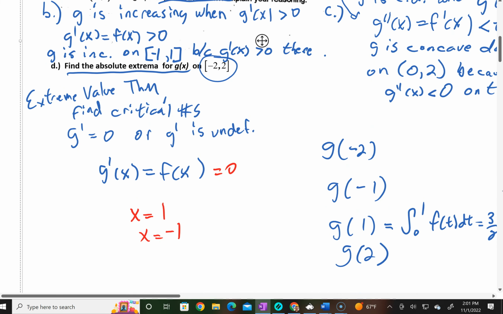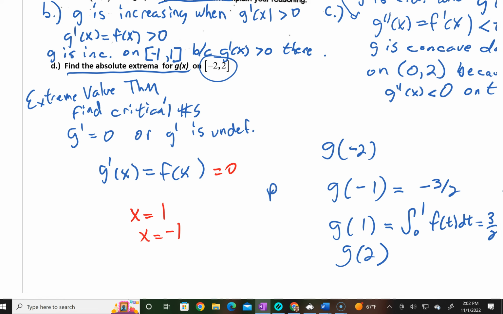We worked that out. G of -1, kids will say, you already did that in part A. You did that in part A. Yep, don't do it again. Don't do that again. You already have it. And you'd say, well, guess what? Now I just have to check my endpoints. So look at the bottom here, G of 2. That's the integral from 0 to 2 of f of t dt.